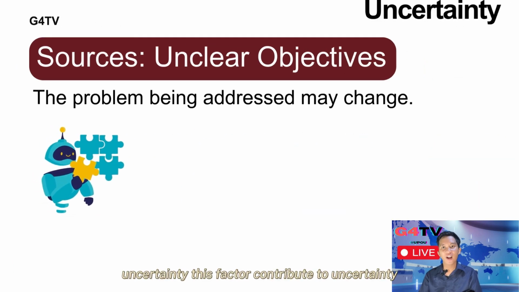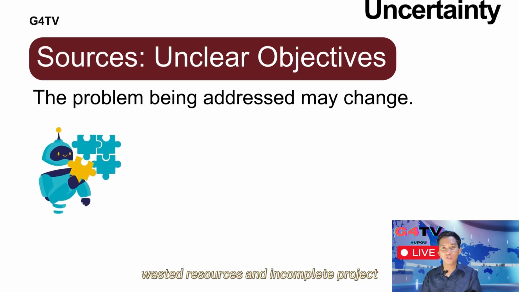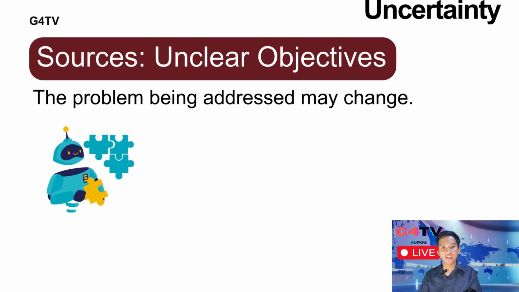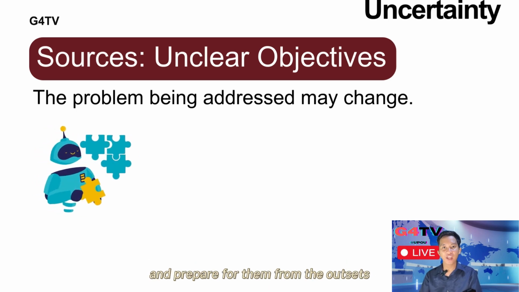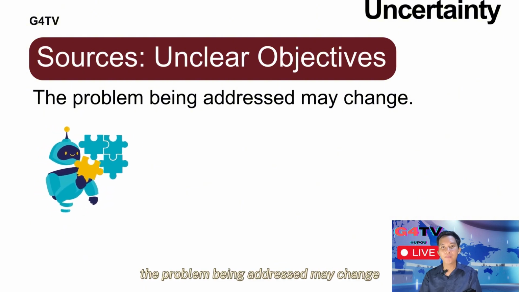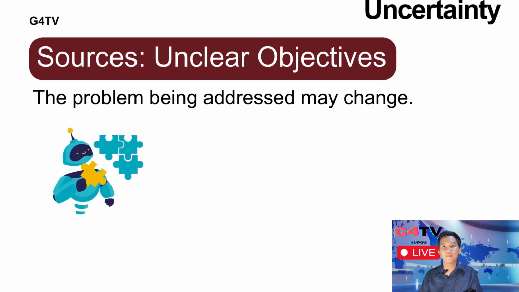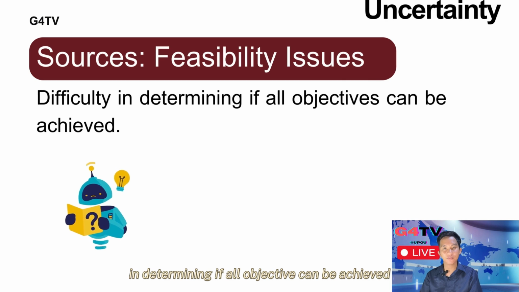Uncertainty. These factors contribute to uncertainty, which can lead to cost overruns, wasted resources, and incomplete projects. DSS designers need to recognize these uncertainties and prepare for them from the outset. For example, unclear objective. The problem being addressed may change. Feasibility issues. Difficulty in determining if all objectives can be achieved.